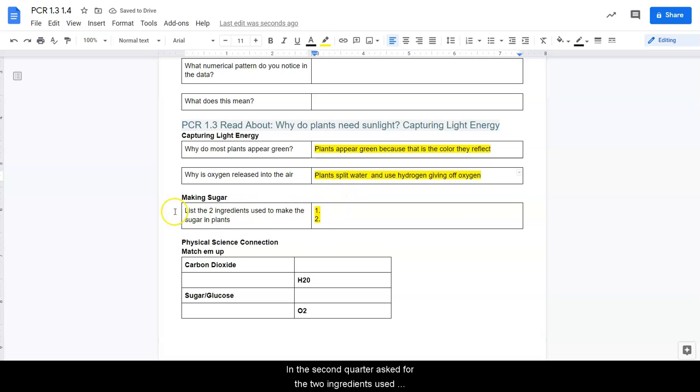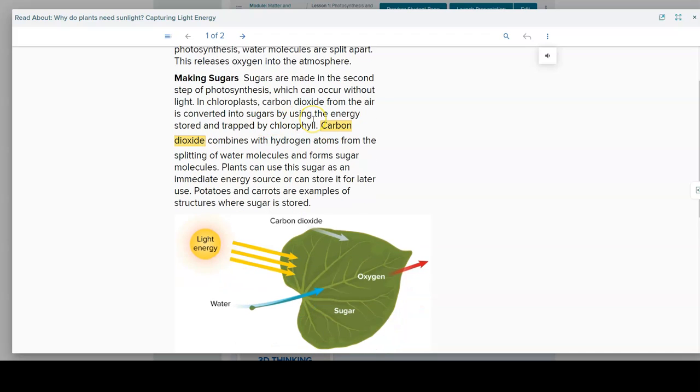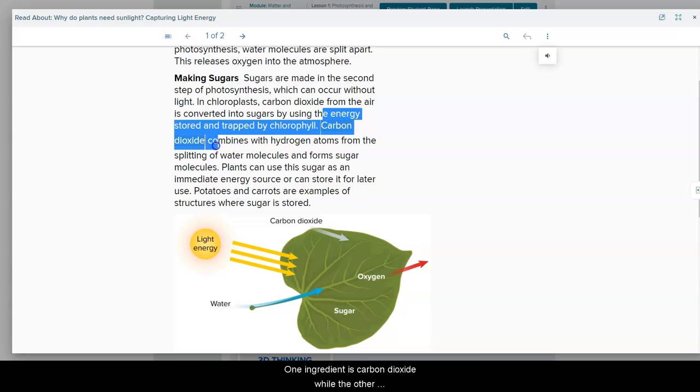In the second part, it asks for the 2 ingredients used to make the sugar in plants. So as we look at the second section, one ingredient is carbon dioxide, while the other ingredient is part of the molecule from water, hydrogen.